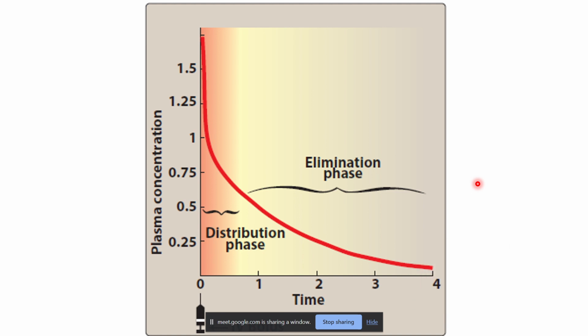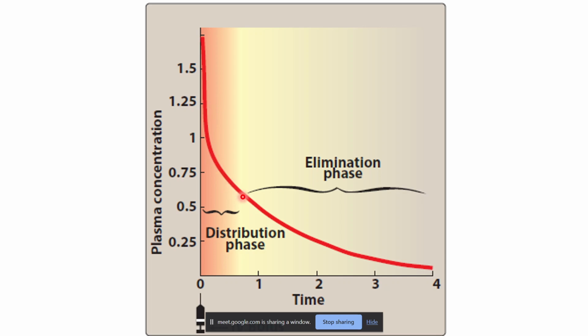So then, the elimination phase. If you plot the plasma concentration of the drug, you can see that after, for example, intravenous administration, the concentration is the highest, and then there is a distribution phase when the drug concentration in plasma decreases because it passes to the other tissues.